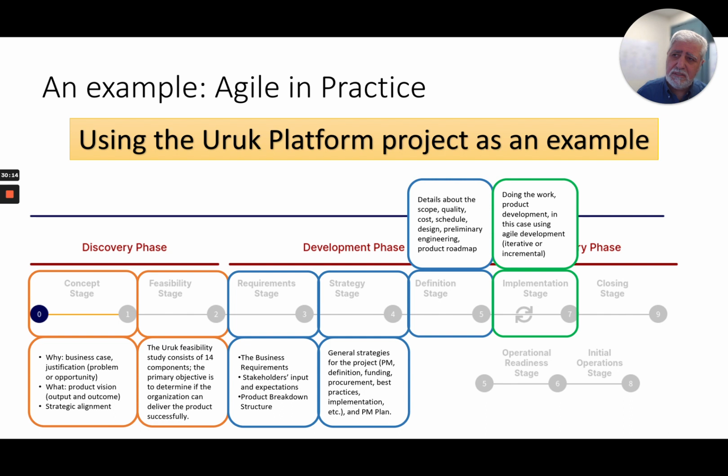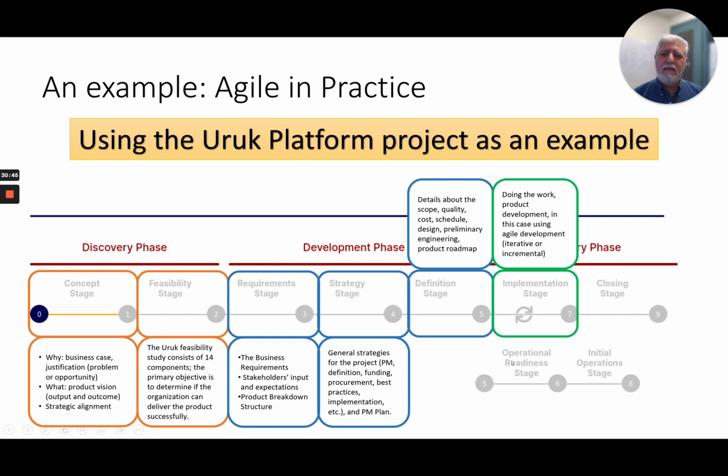We start to do design, prototyping using wireframes, and ultimately moving forward to developing the proof of concept through coding and testing until we have a product ready to start to use. Now notice, and this is one of the questions, why operational readiness is not part of implementation.